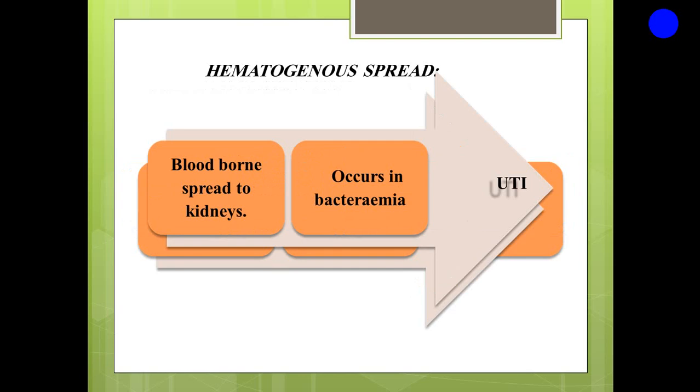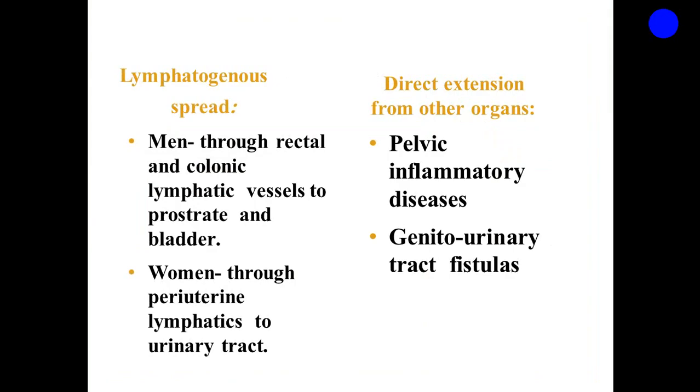While hematogenous spread occurs when the infection is blood-borne and spreads to the kidney, bacteremia occurs, and the bacteremia due to blood-borne spread gives us the urinary tract infection. Now a simple comparison between lymphatogenous spread and direct extension from other organs.